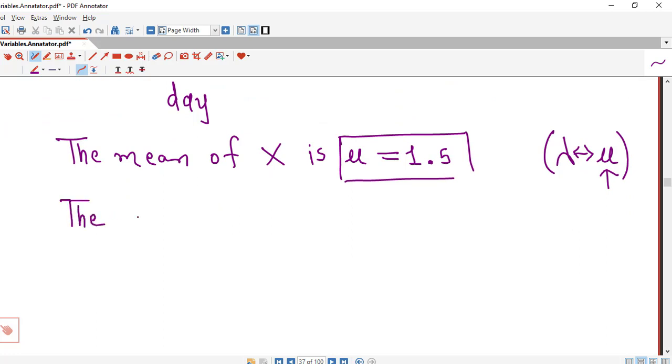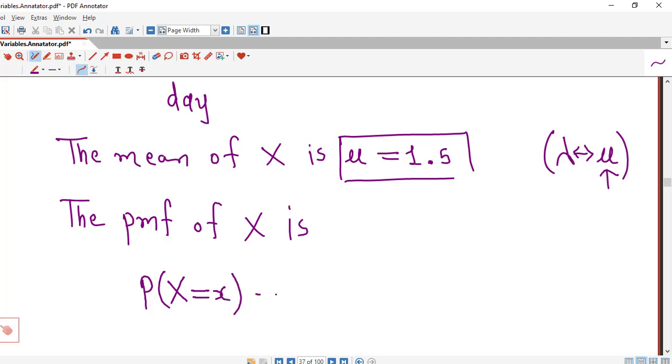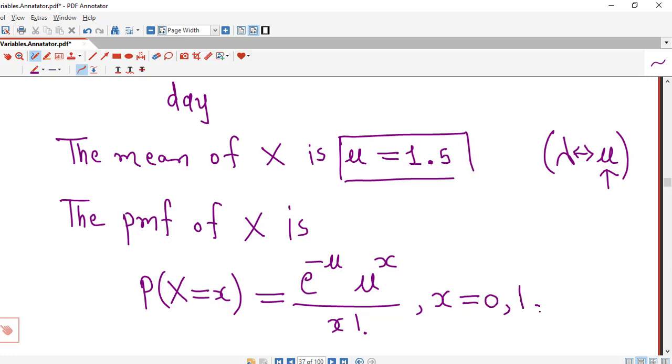Now since X is a Poisson random variable, the probability mass function of X is given by probability that capital X equal to small x equals e raised to minus lambda, but here we are using mu in place of lambda, so e raised to minus mu, mu raised to x, divided by x factorial, and possibilities for x are 0, 1, 2, 3 and so on.